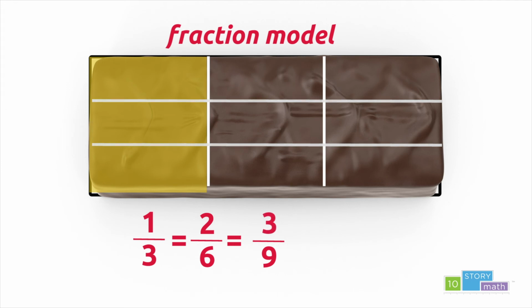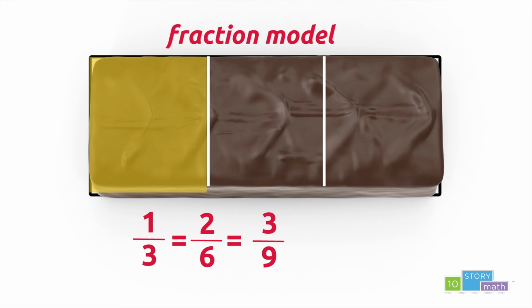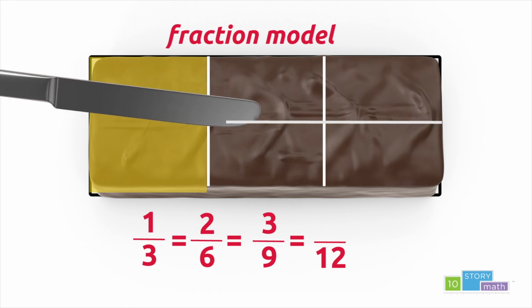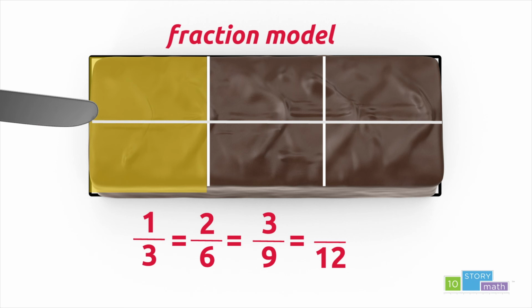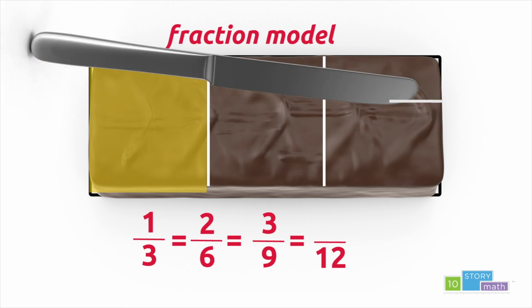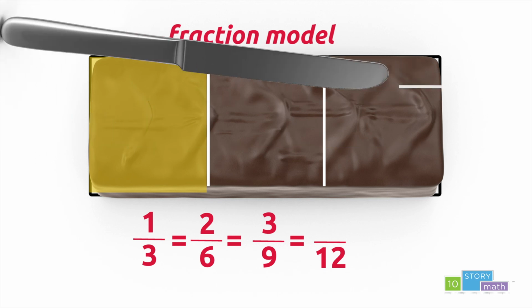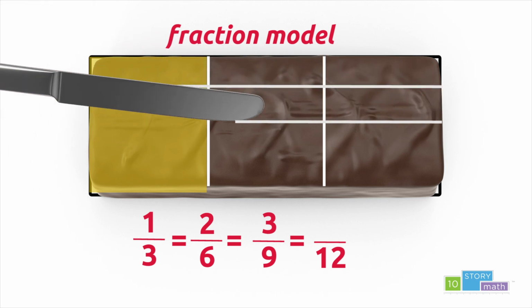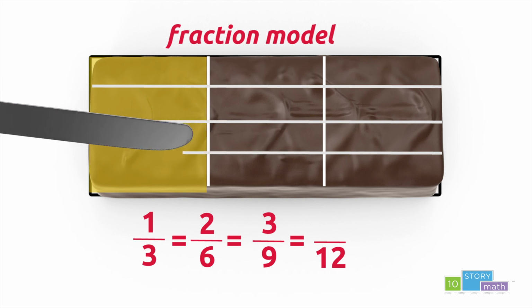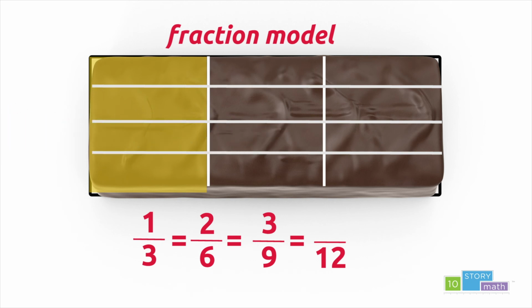So if I wanted to cut the candy bar into 12 equal pieces, I would keep making horizontal cuts until I reached 12 pieces. 6 equal pieces. 9 equal pieces? 12 equal pieces, and you will get 4 of those pieces.